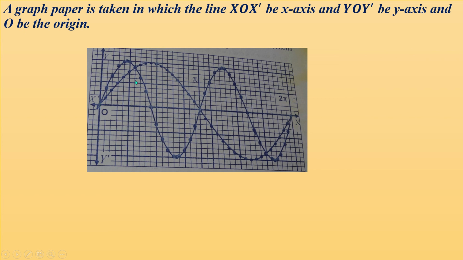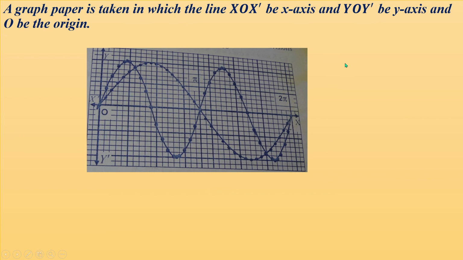That means this point, this point, this point, this point, this point. Each point includes abscissa and ordinate both, so you have to take only the abscissa. Abscissa of this point will be what? Here, how many small divisions or small squares? 1, 2, 3, 4, 5, 6. That means 6 small squares, each equal to pi by 18.